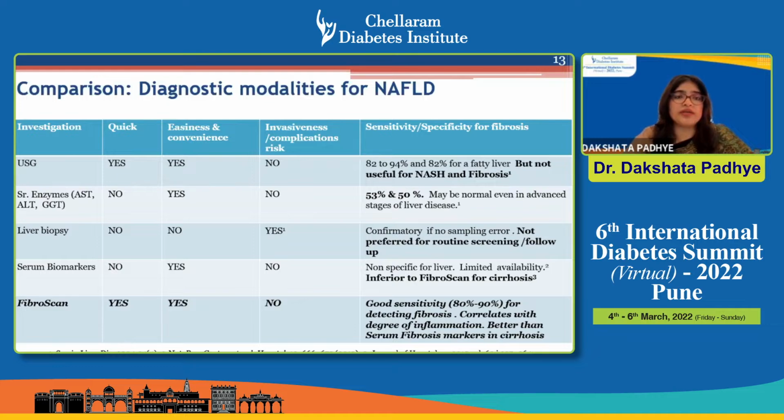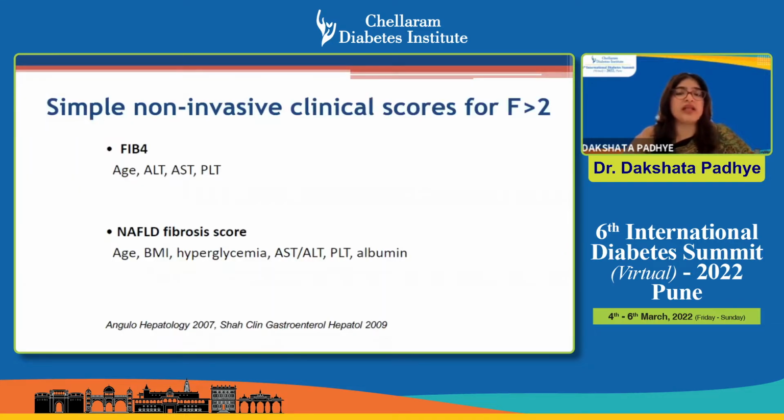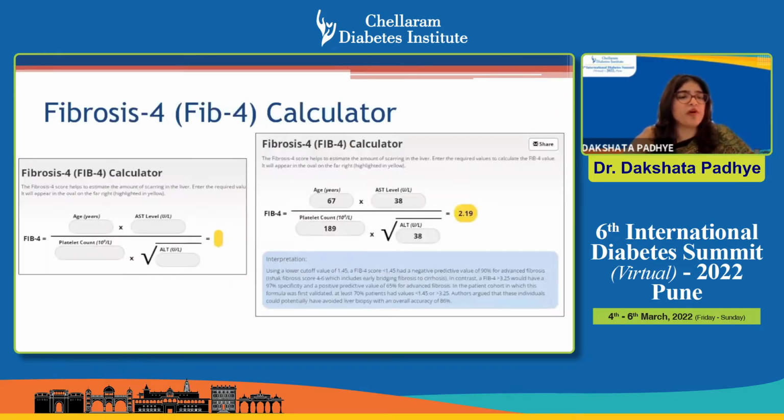When we are talking about diagnostic modalities, the first thing in the outpatient clinic, in our OPD, is FIB4, which requires only 4 parameters: age of the patient, SGOT, SGPT, that is AST, ALT, and platelets. NAFLD score has a few more additional parameters, but FIB4 is the most convenient score system we can use in outpatient practice. It is a simple formula which is available online. You just have to enter age, AST, ALT levels, and platelets.